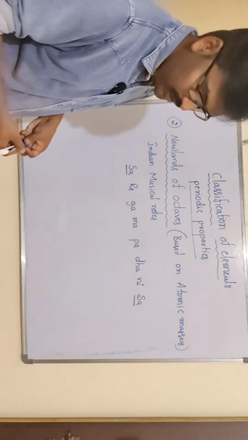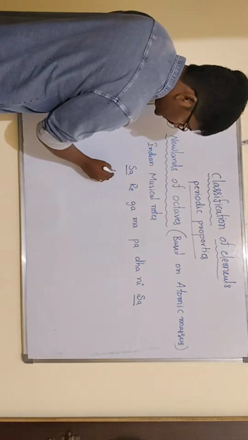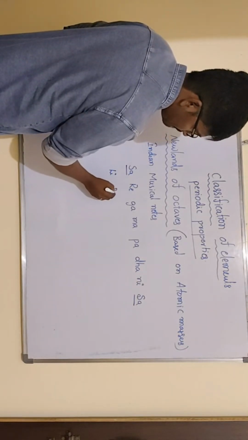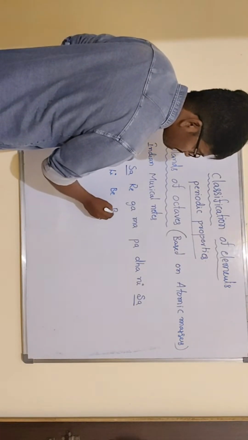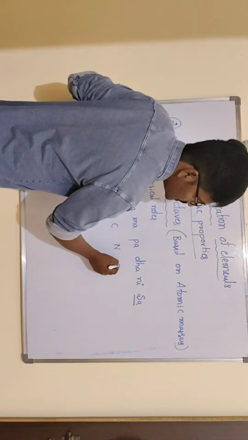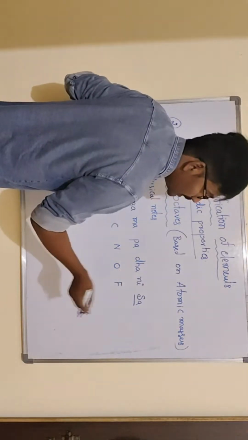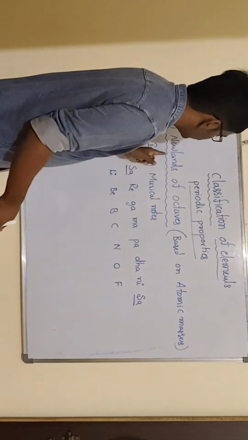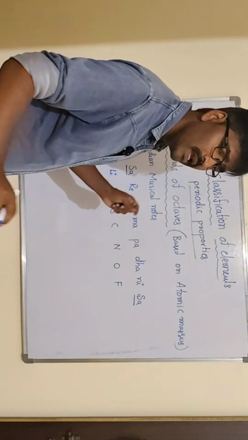One example: lithium, beryllium, boron, carbon, nitrogen, oxygen, fluorine. At the time of Newlands, there were no noble gases.